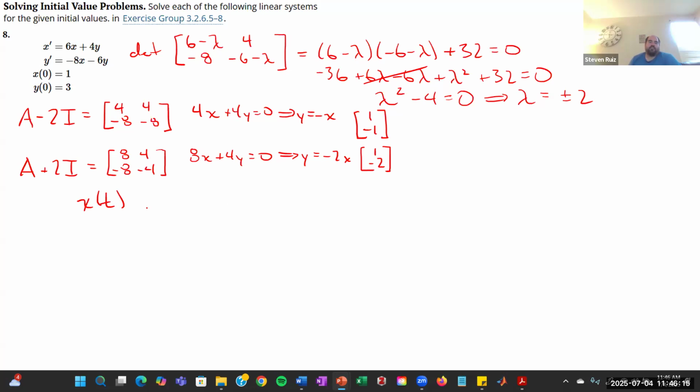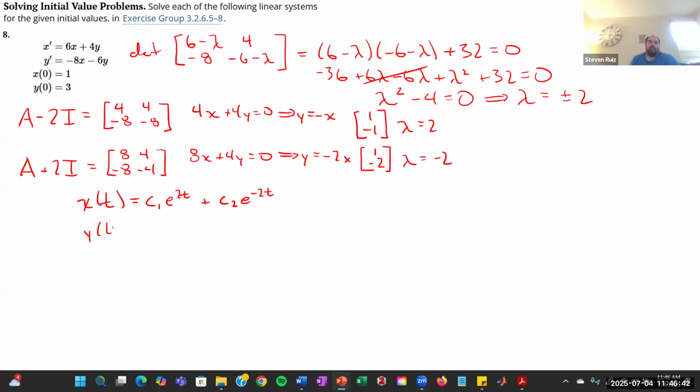X of t is equal to 1 times c1 e to the 2t. So let's be clear, what was my lambda value here? Lambda equals 2, e to the 2t, plus 1 times c2 e to the -2t.